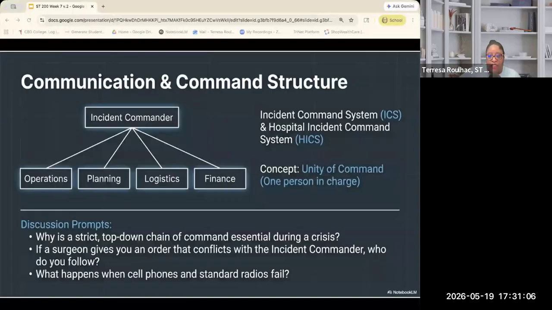Which one do you think it is? Or which two do you think it is? Operations, planning, logistics, or finance? Operations, definitely. Planning can. Yes. Operations and logistics. Planning can, but logistics hits us more.